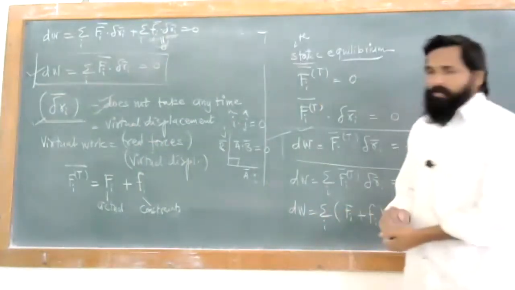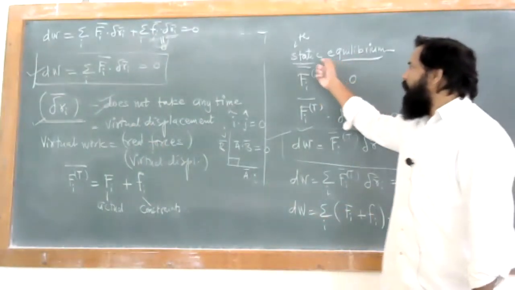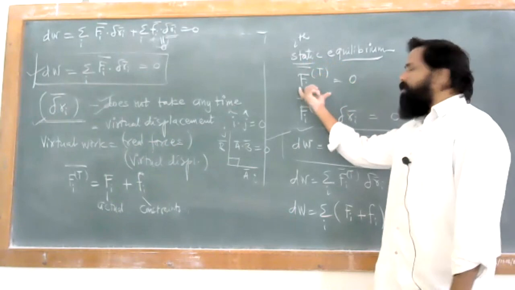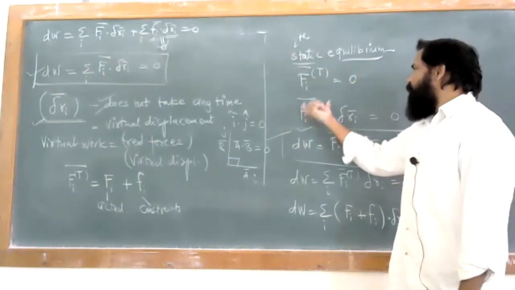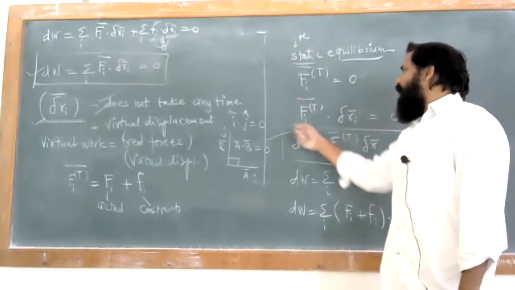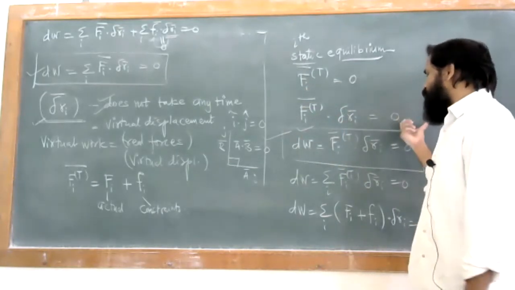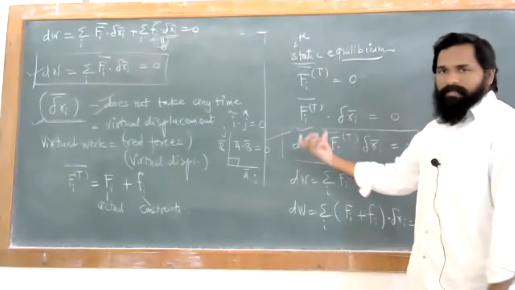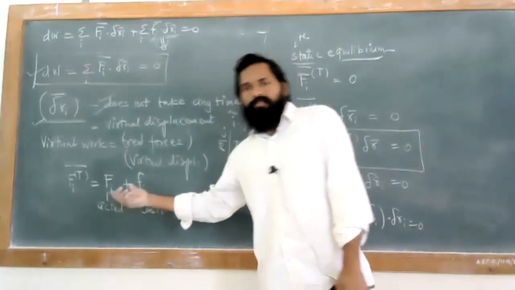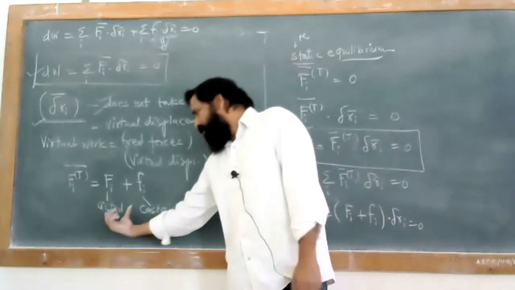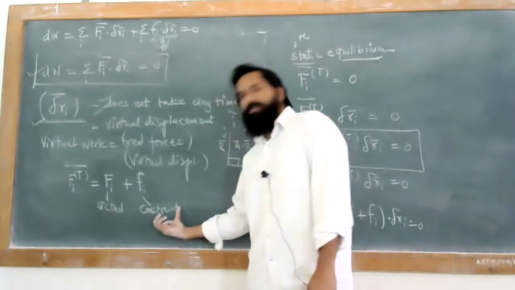Now, if you consider the ith particle, in terms of static equilibrium the force is given as Fi(t) equal to 0. So for virtual work, we have Fi(t) dot delta ri equal to 0. But what is Fi(t)? It is the total force acting on your ith particle, and that is given in terms of actual forces plus constraint forces.